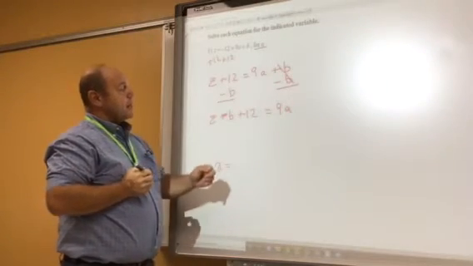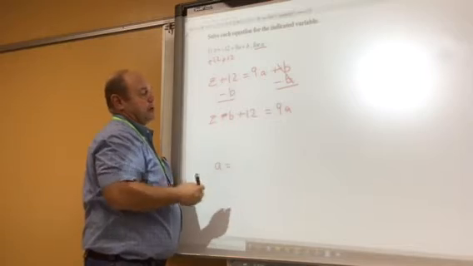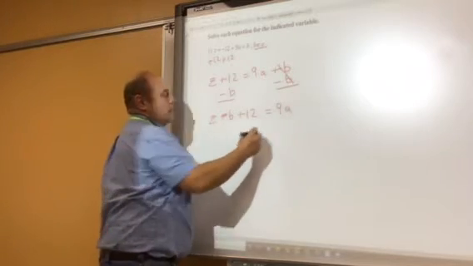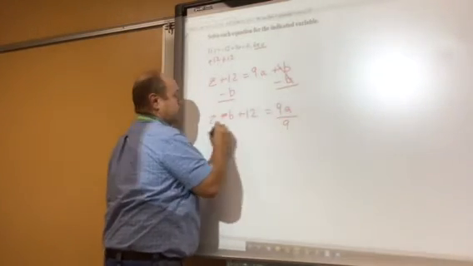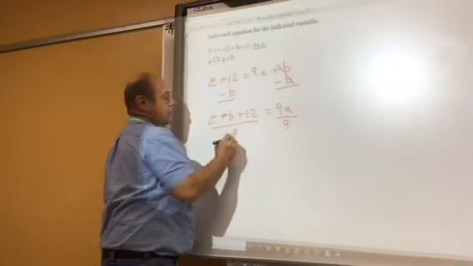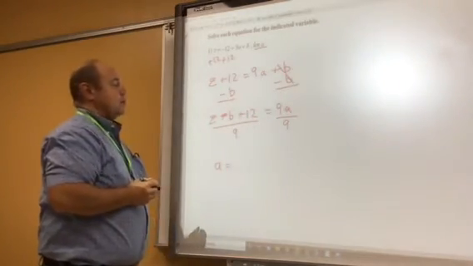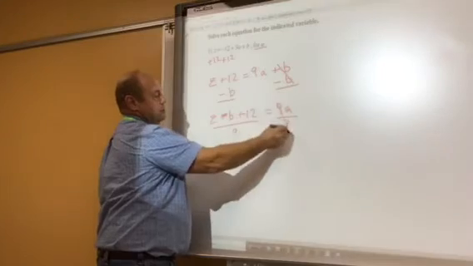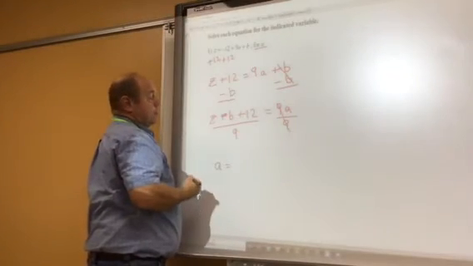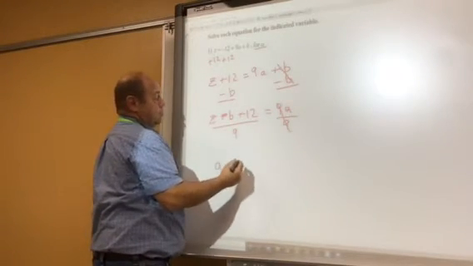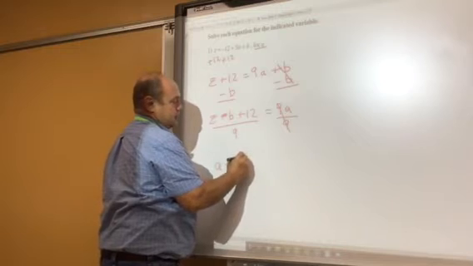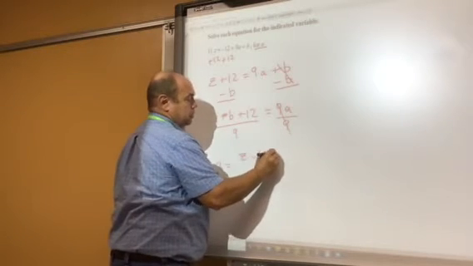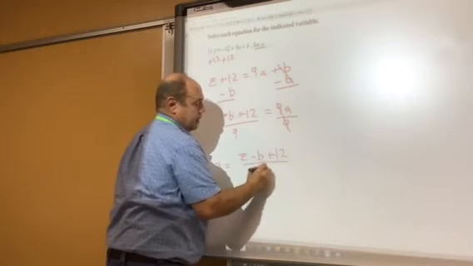And then I would have the multiplier, the coefficient of 9. And so I'm going to divide both sides by 9. And then of course this becomes a 1. And so my final answer then for A equals would be z minus b plus 12 divided by 9.